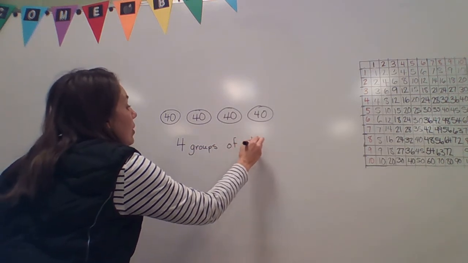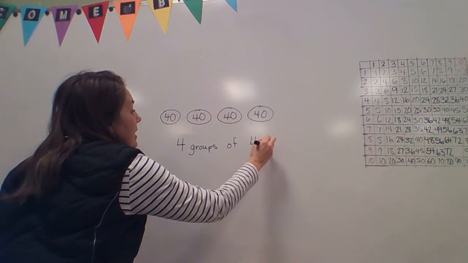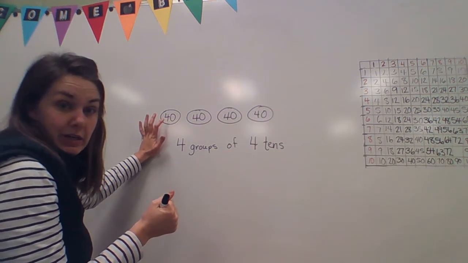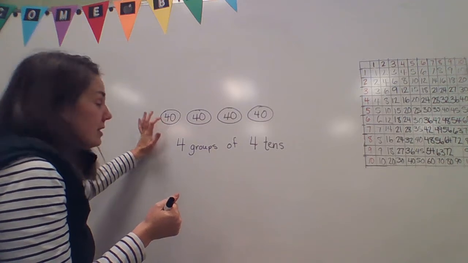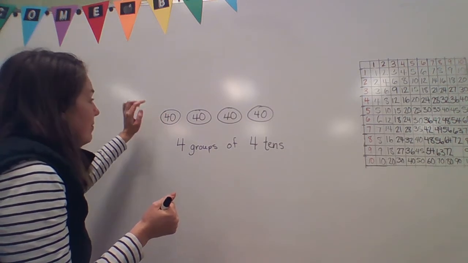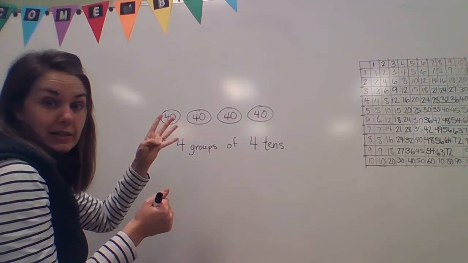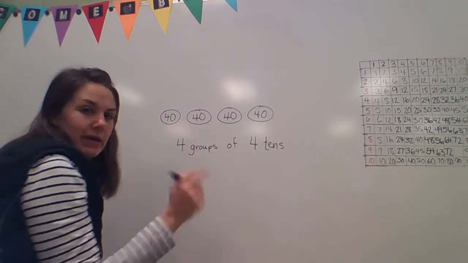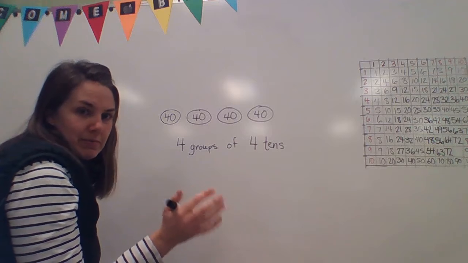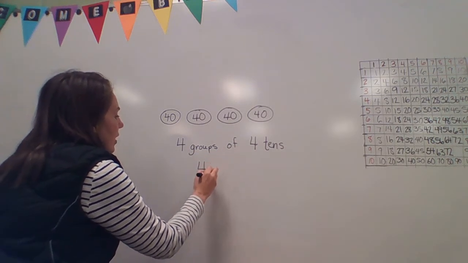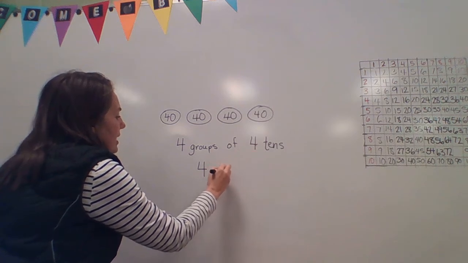4 groups of 4 tens, right? Because we know that 4 tens together would equal 40. So this would be like saying that I have 10, 20, 30, 40. I have 4 tens. So already right there, we've made the problem simpler, right? I can think of it as 4 groups of 4 tens.